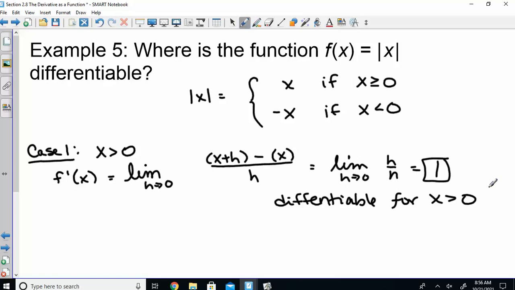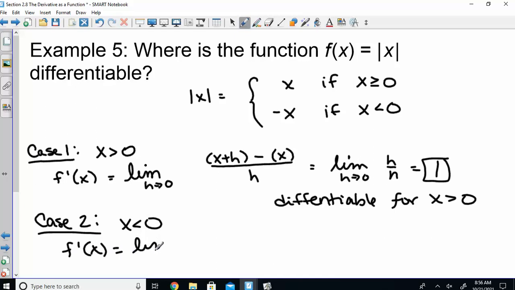Okay, second case. Let's go to when x is less than 0. So then our derivative would be the limit as h approaches 0. f of x plus h, this time we would be on the second piece, so it would be a negative x plus h, minus f of x, which is a negative x, over h.